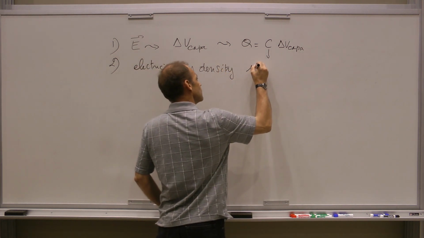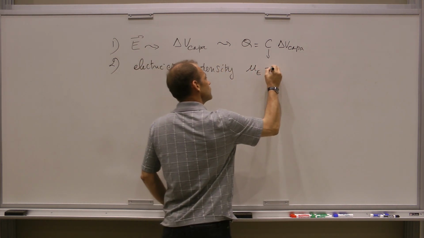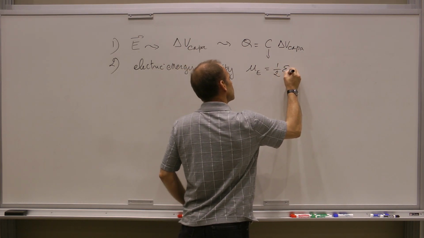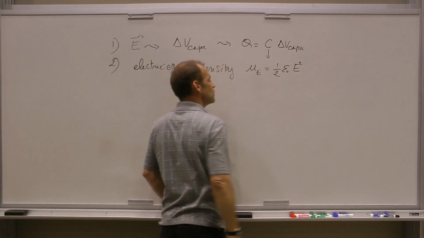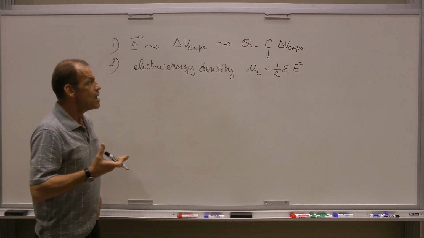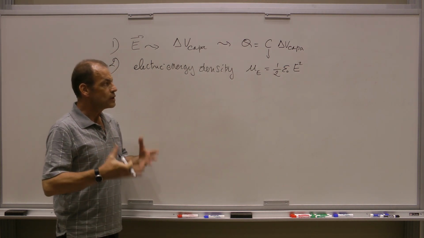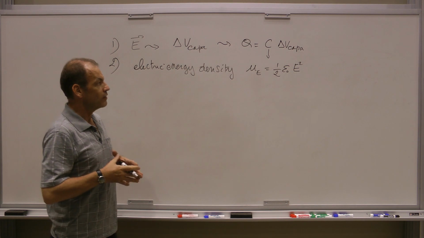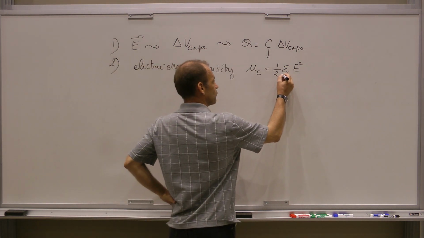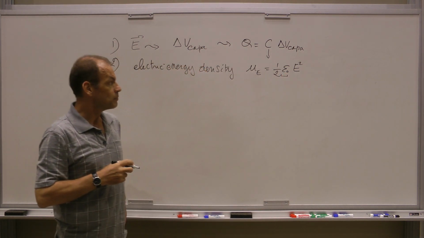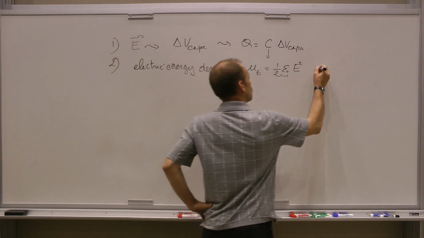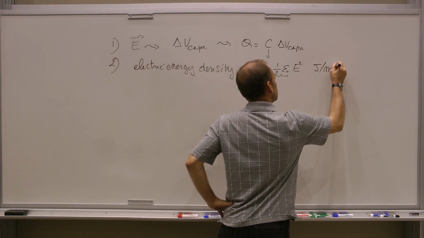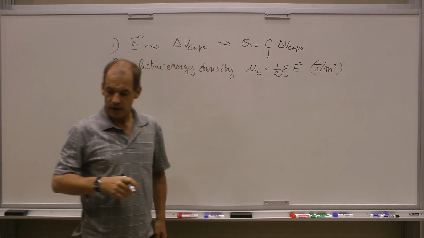And if you remember, this is little u sub E, and this is equal to 1/2 of epsilon 0 E squared. That's the amount of electric energy held in space per unit of volume due to the presence of an electric field, and space being, of course, free space associated with epsilon 0. That's a term that's, of course, in joules per cubic meter, energy density.